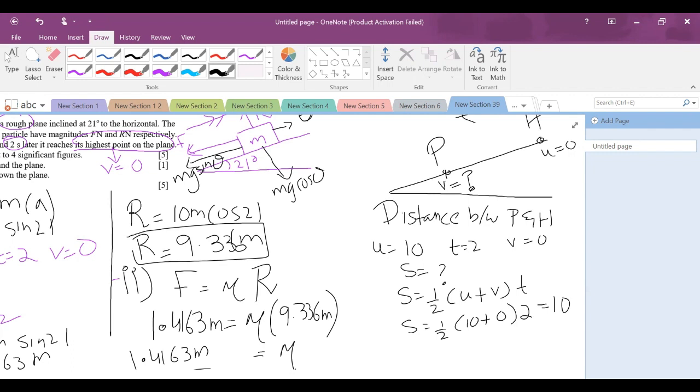Okay. Once you have the distance, you should be able to find the V of the return journey.